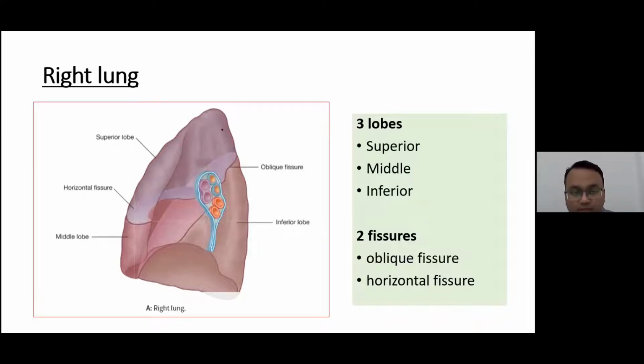The superior lobe and the middle lobe are separated by the horizontal fissure. There's another fissure known as the oblique fissure all the way down, which separates the superior lobe and the inferior lobe. So three lobes, superior, middle, and inferior, with two fissures, oblique and horizontal.